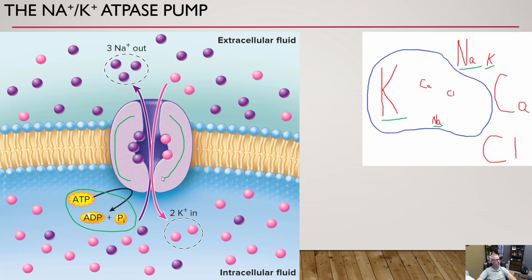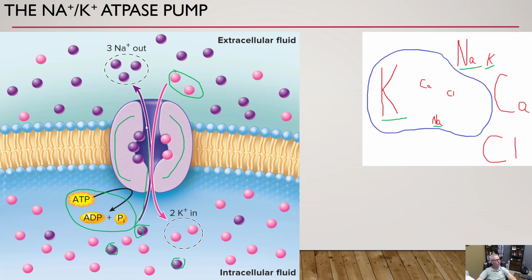In this case, it's called the sodium-potassium pump. And what we're doing is we're going to take 3 sodium molecules and 2 potassium molecules, and we're going to go against the concentration gradient.